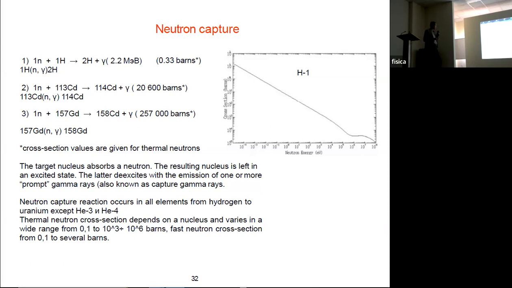The cross section is pretty low compared to this reaction, where cadmium-113 is used, one of the most common elements used to capture neutrons, because the cross section is very high, even by neutron standards, 20,000. I think we talk about gadolinium, it's even more. One of the most frequently used neutron capture materials.